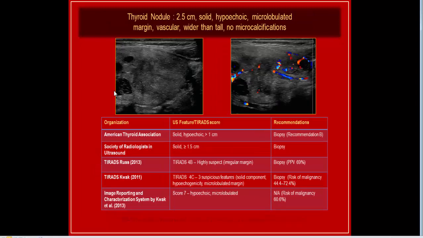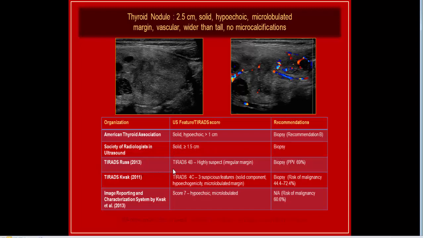Another example of thyroid nodule 2.5 centimeter, solid, hypoechoic, microlobulated margins, vascular, wider than tall, no microcalcification. American Thyroid Association classifies it as solid hypoechoic more than 1 centimeter, biopsy recommendation. Society of Radiologists: solid more than 1.5 or equal, biopsy.